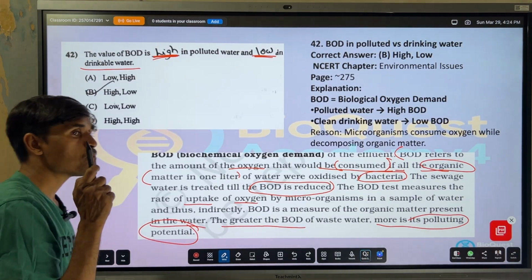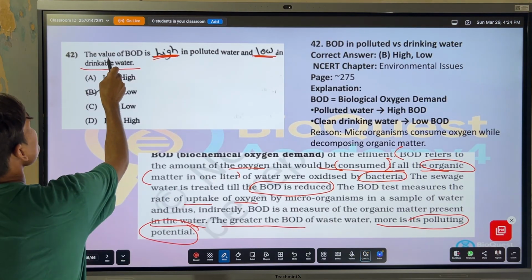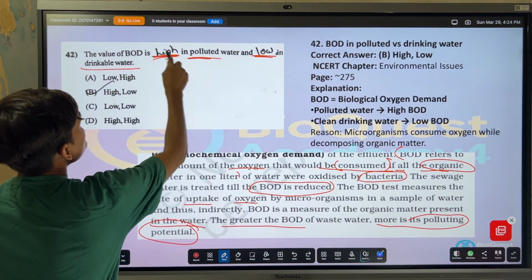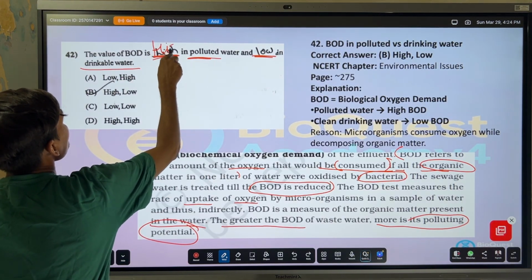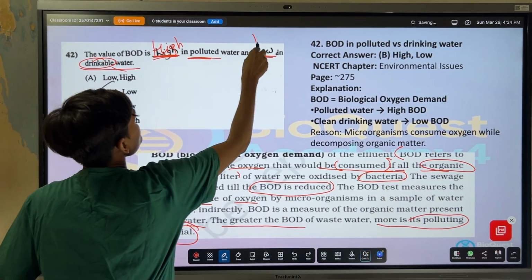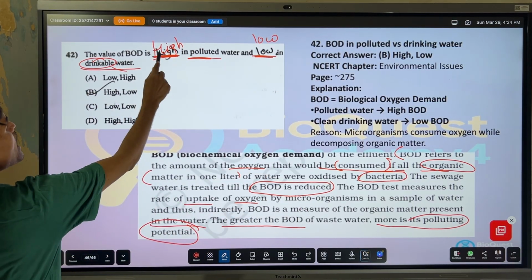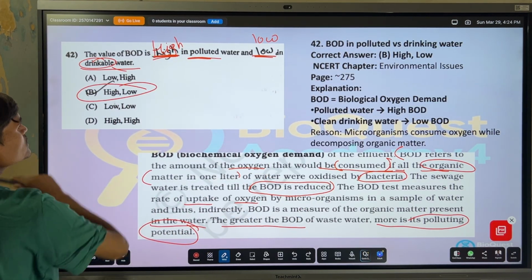Means polluted water has high BOD and drinking water has low or the lowest. Here the answer is given as high, low. So the answer is here.